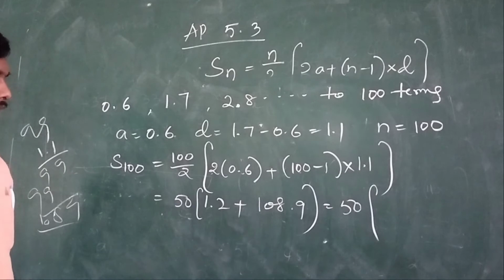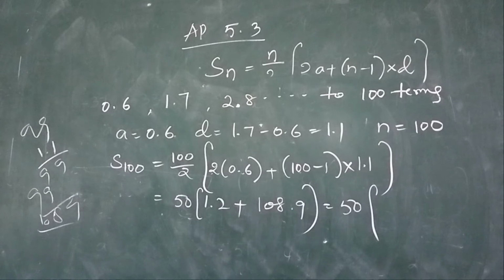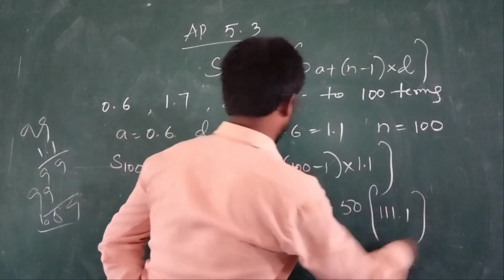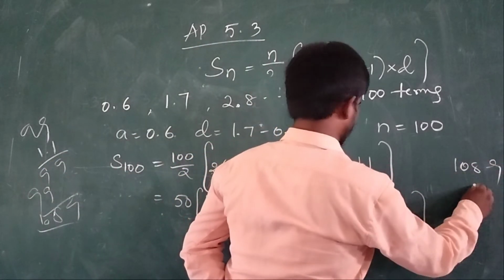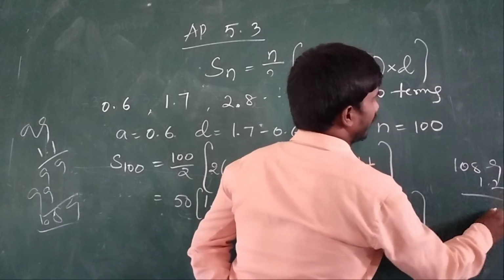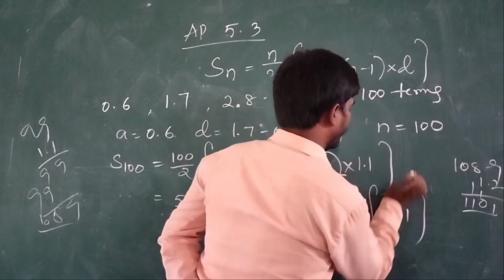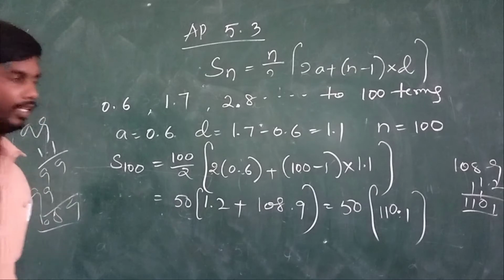So 50 into 1.2 plus 108.9, which is 110.1, into 50.